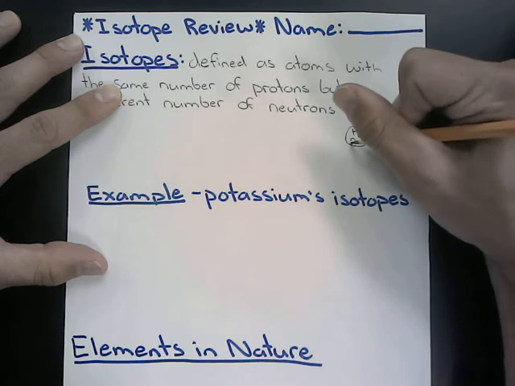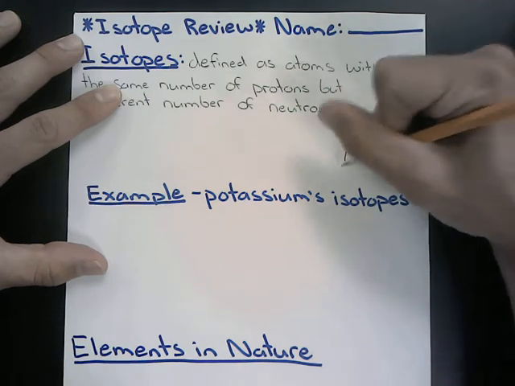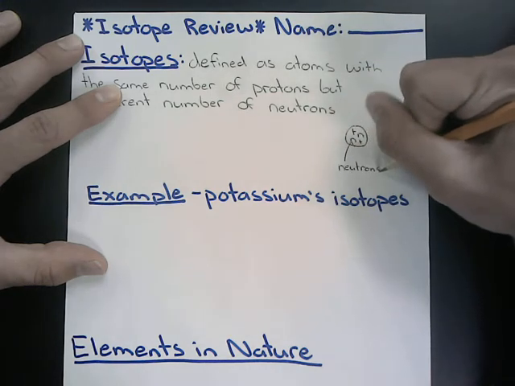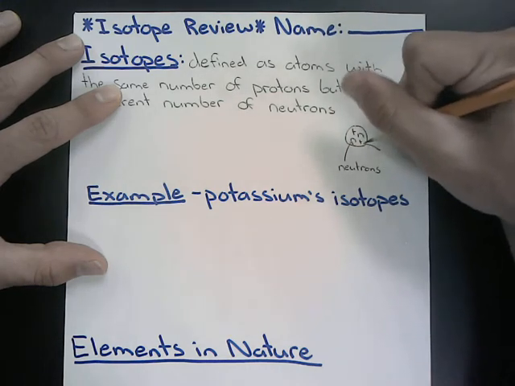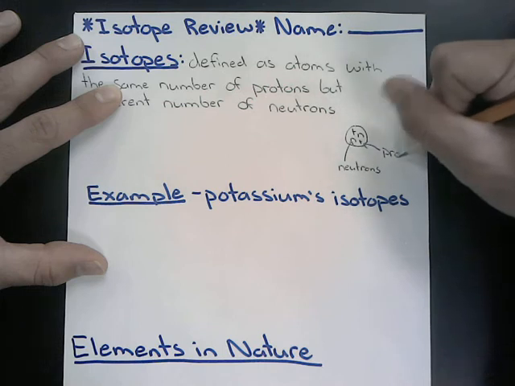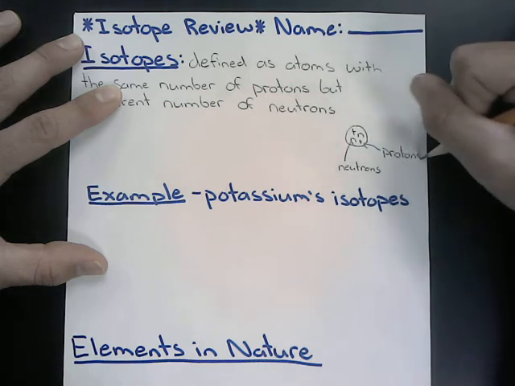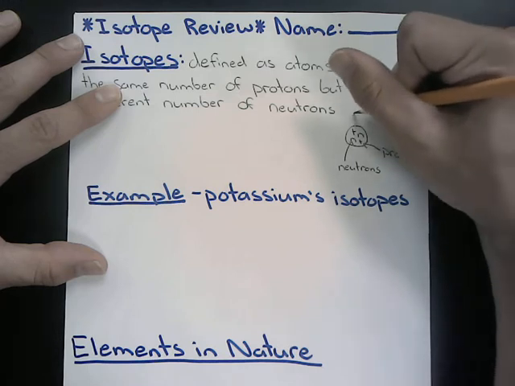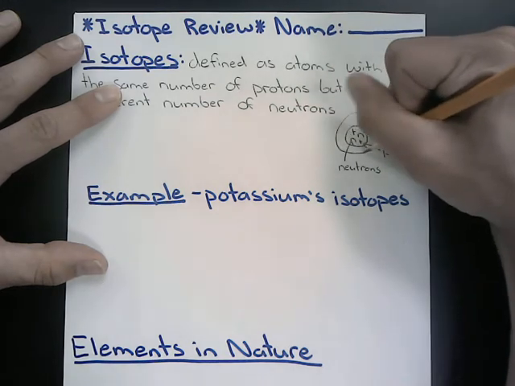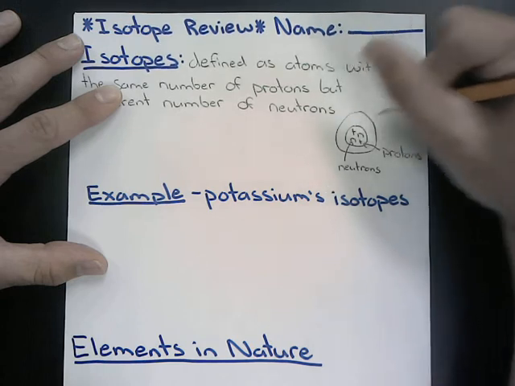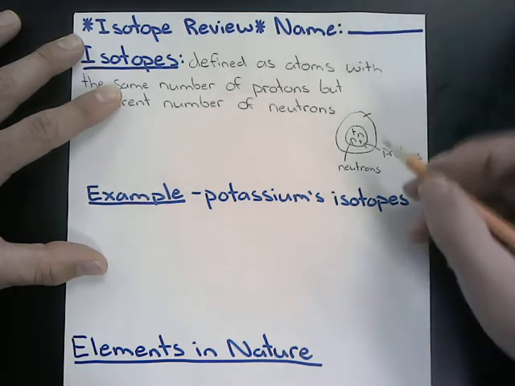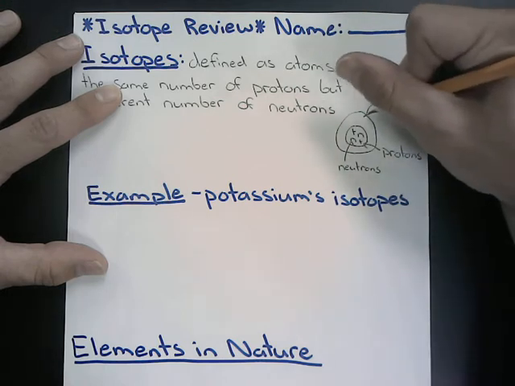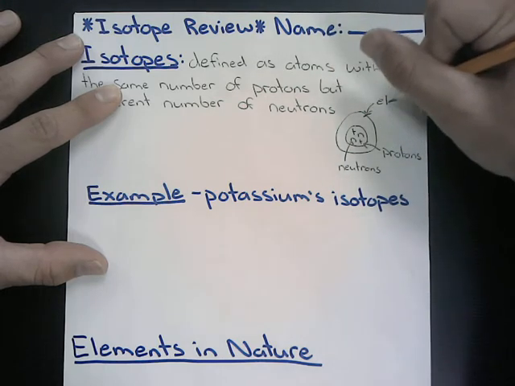The things that have an N by them are my neutrons, and the things that have a plus sign by them are my protons. Surrounding the outside of the nucleus, you have all of these electrons, and I'm going to draw them in an orbit. That's not the best way I can represent or model it, but for our purposes here, the electrons would be on the outside of that particular atom.